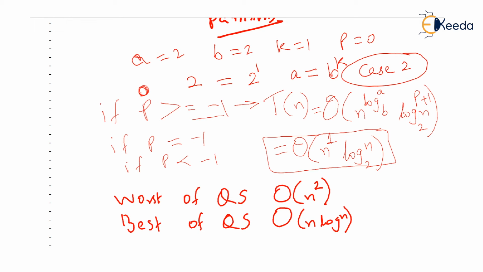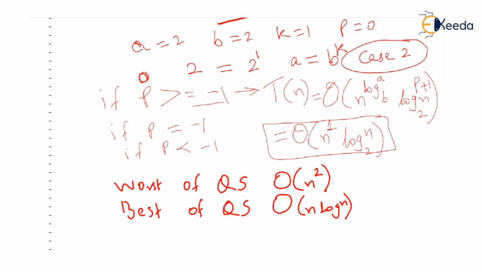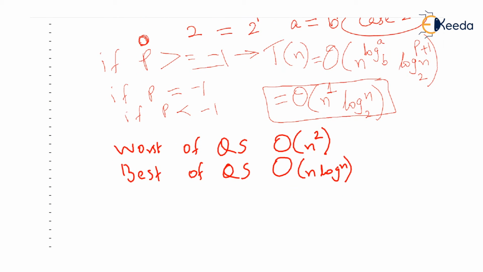But you know, merge sort is not going to have any worst case or best case. It will always work in n log n. Why really? It is because quicksort and merge sort work differently as far as finding the partition is concerned. In merge sort, we always find the partition by finding the midpoint. And the midpoint will always divide the given data into two segments of size n by 2.